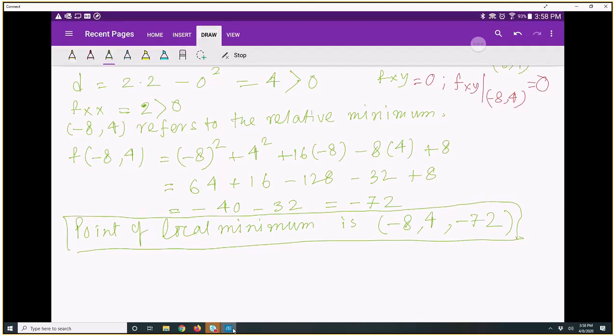And since there is only one critical point, I will also say that there is no point of local max or relative maximum. And that answers my question.